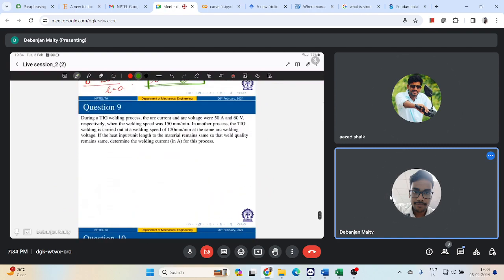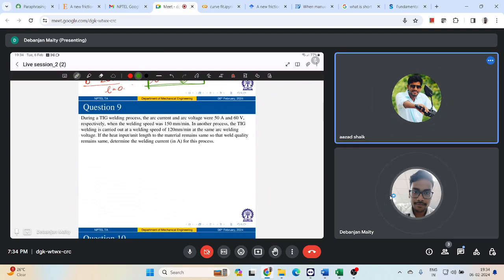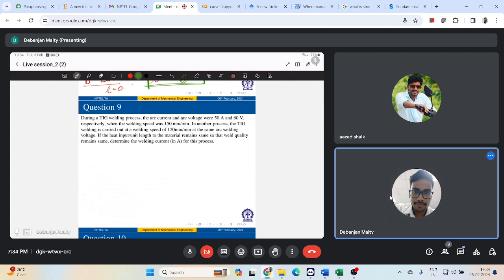So we have another question on heat input per unit length. What is heat input per unit length? It is basically the heat flux which is getting in, Q. This is my welding heat flux, divided by V, the welding speed.